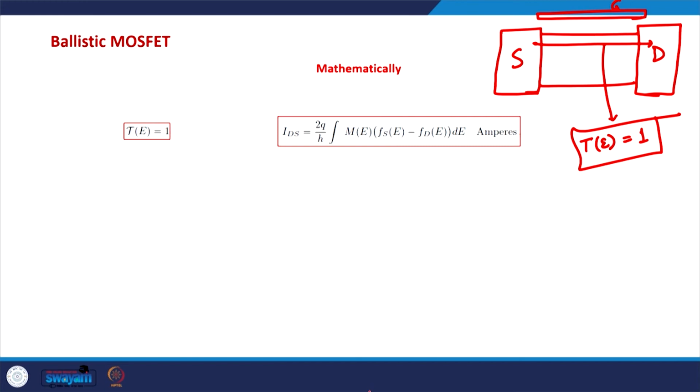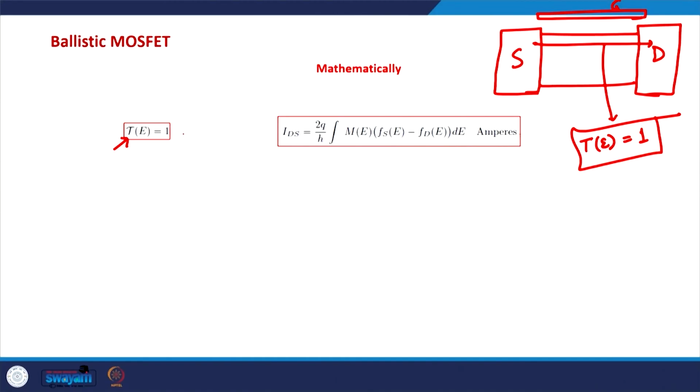So, in all the expressions that we have discussed so far in the Landauer model of transport, we need to put T(E) equal to 1 while dealing with a ballistic MOSFET. And there are many interesting ideas in the ballistic MOSFET. Since there is no collision in the channel, the question is where the resistance is coming from, and this question we have addressed in detail.